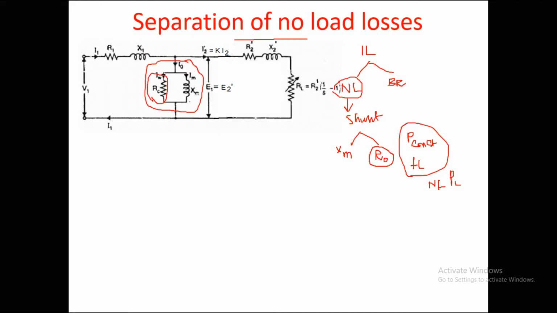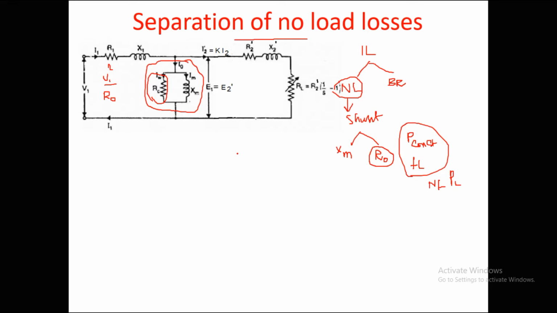We can find the value of the constant loss, that is the no-load power loss, simply by applying Ohm's law: V1 squared by R0. Now in this video we are going to separate the components present in this no-load loss.